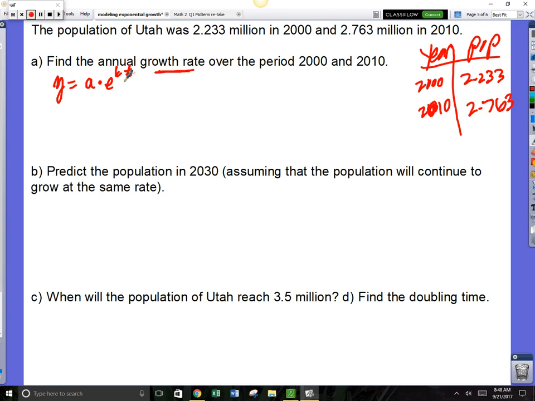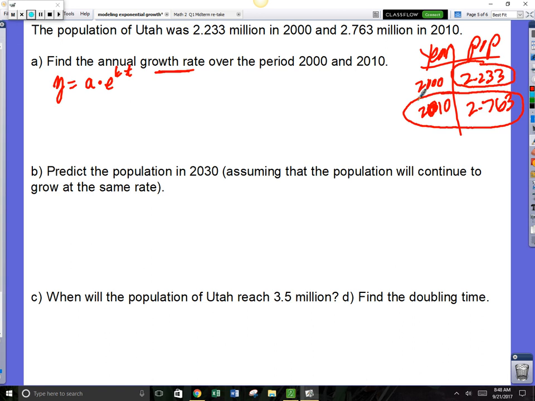Okay, so let's find k. Now k is going to be an unknown in the exponent, so the only way we can solve for k is to use a log. So we are going to take this set and use this right here.